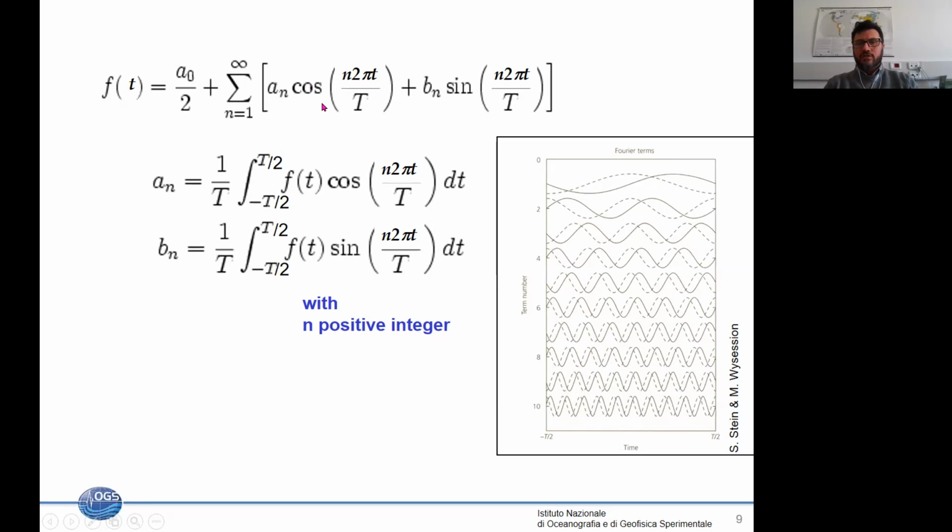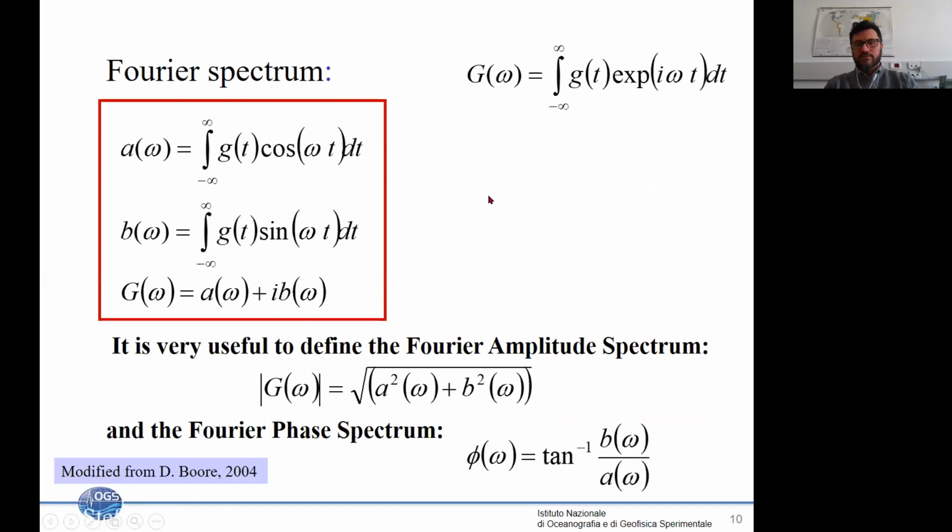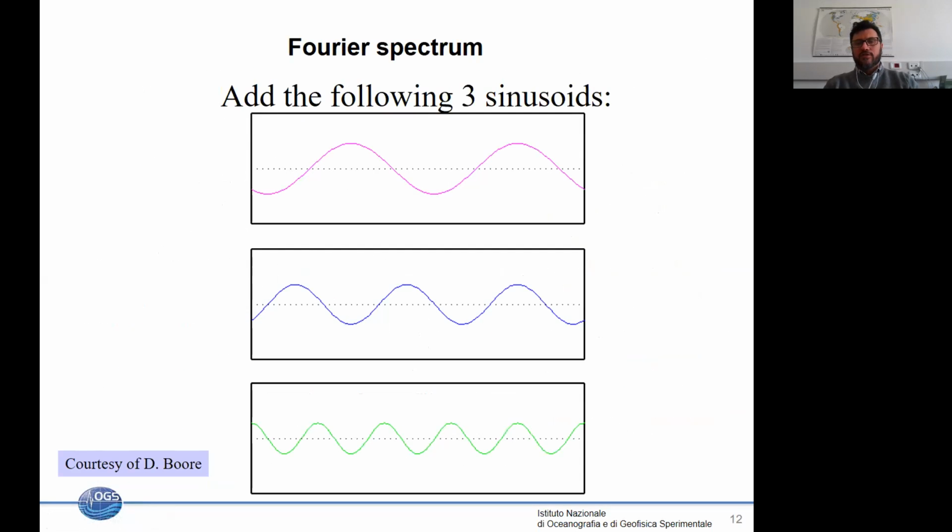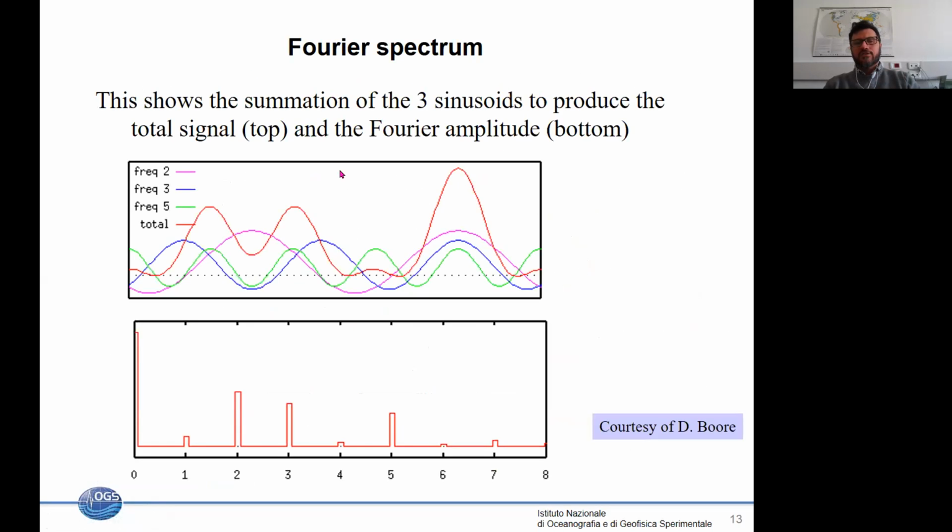So the cos term is becoming 1, the sin term is 0, so for frequency 0 we will have just the summation of the original signal. So since the signal has no zero mean, at frequency 0 we will find the summation of the original time series.